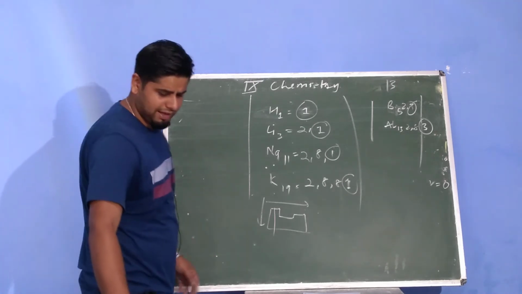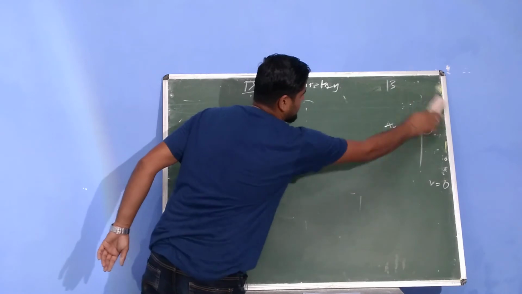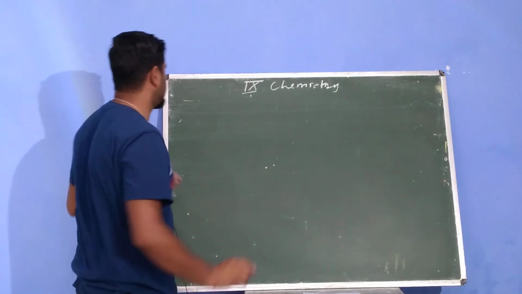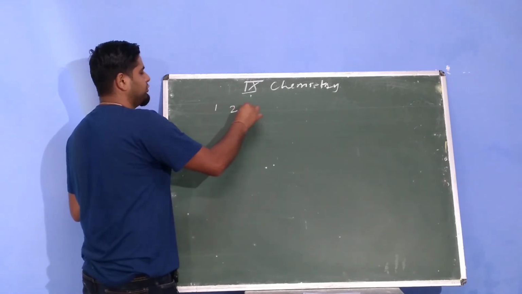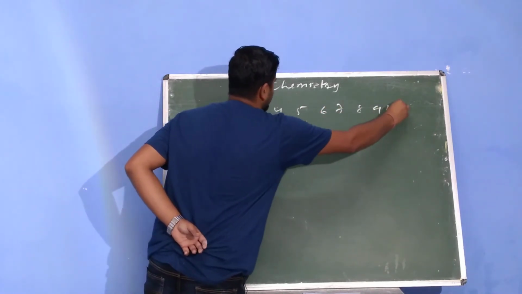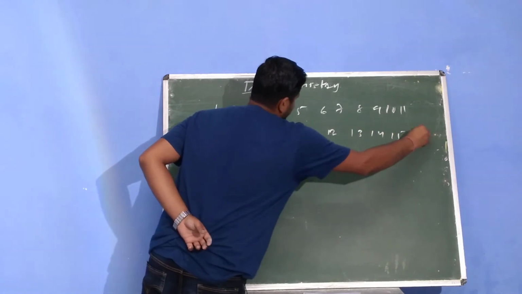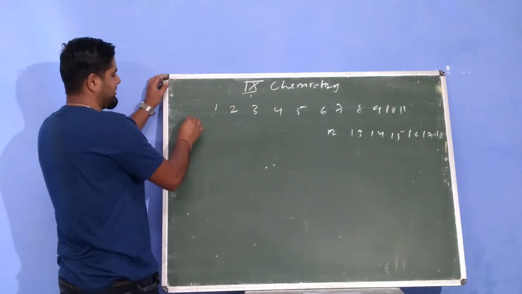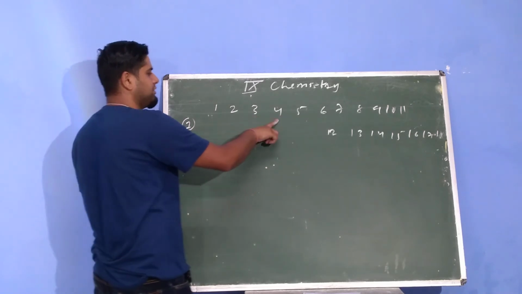As you know, we have 18 groups. So from the group number only you can identify valency for the elements in that group. Group 1, group 2, group 3, up to group 18. For the first groups, valence electron is 1, so valency will be 1, valency 2, valency 3, valency 4.